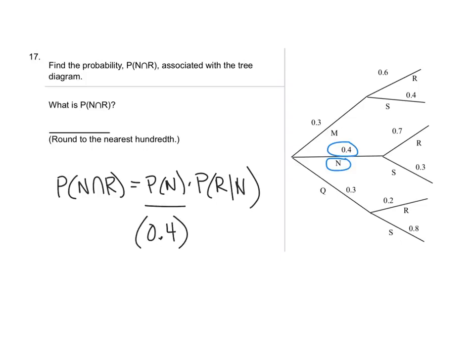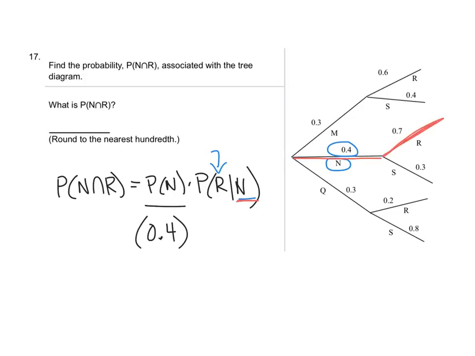Now we'll multiply that to the probability of R given N. This is the event that R occurs given that N already occurred. So, to find this probability, we're first going to locate event N because that occurred first before event R. So here's event N, and then R occurred. So from N, we want to go to branch R, which is this branch here.